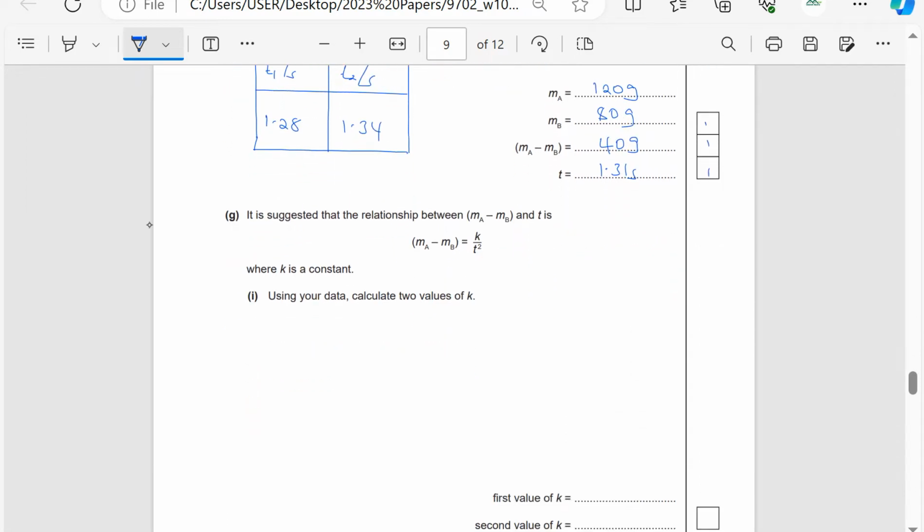Then it is suggested that the relationship between MA, MB, and T is that where K is a constant, using your data, calculate 2 values of K. So I encourage my students to begin by making k the subject. So she made k the subject as being equal to t squared into ma minus mb.